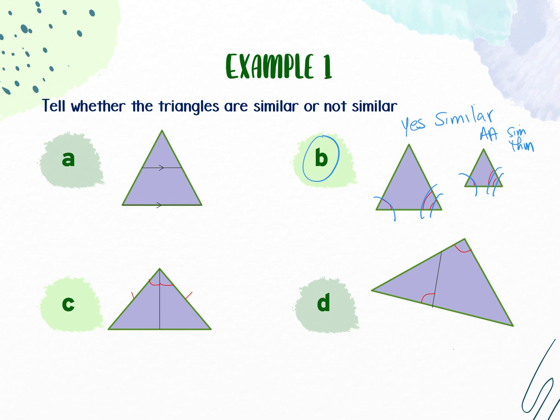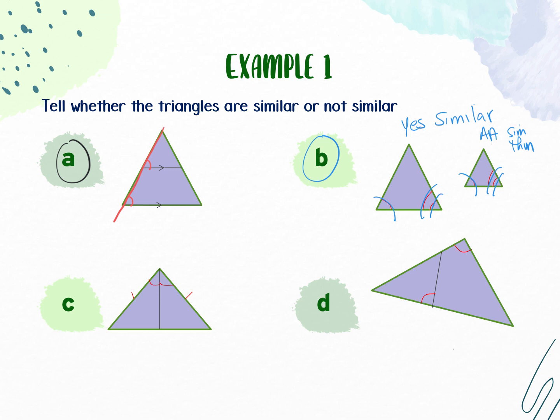Now I start to get to a couple of other ones that are a little bit different, where I have to use a little bit more logic and a little bit more of what I've learned in the past. For example, if you notice in A, I find that these two lines are parallel. Well, if those two lines are parallel, we have to now think of these lines. For example, this line here becomes a transversal, and you know that these two angles have to be equal because corresponding angles are congruent.